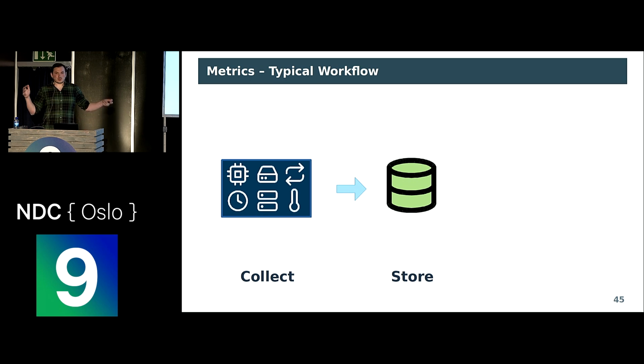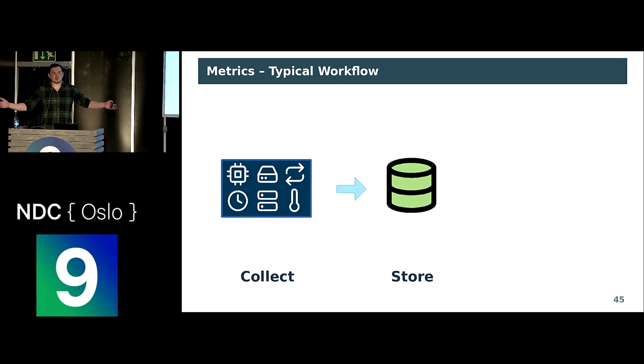And it's actually a lot easier to store a very large history of numbers than it is of text, because numbers compress very well, and you can aggregate them. Instead of storing every single value you ever collected, you could say, well, I don't need to know the memory usage every 100 milliseconds.